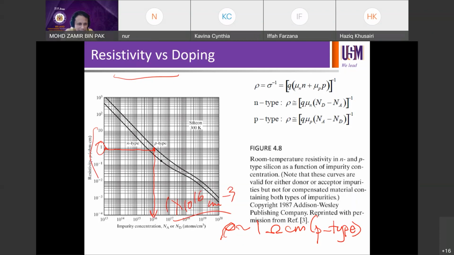What is the doping level in the wafer that you get? 10 ohm cm n-type. There, right? So that's like 6 times 10 to the 14, sorry. 6 times 10 to 14.